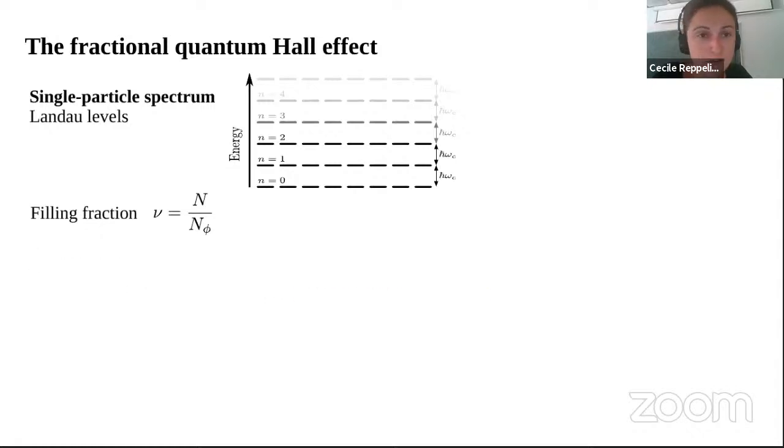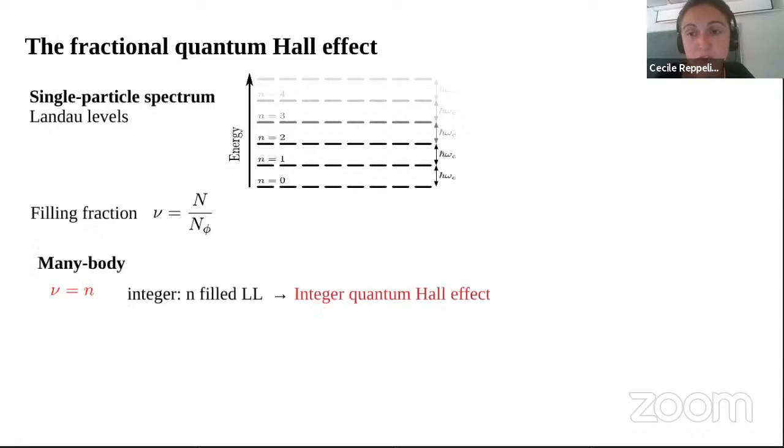Going back to the Landau levels, we define this filling fraction nu, which is the ratio of N, the number of electrons, divided by N_phi, the degeneracy of the Landau levels. It tells you how much your first Landau level is filled. Now going to the many-body picture, if I take nu equal to n, an integer number of Landau levels filled, then I get the integer quantum Hall effect.